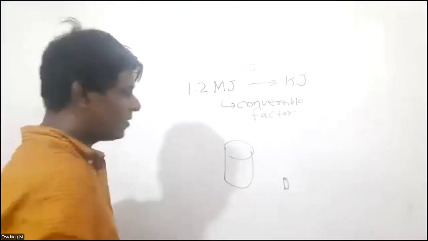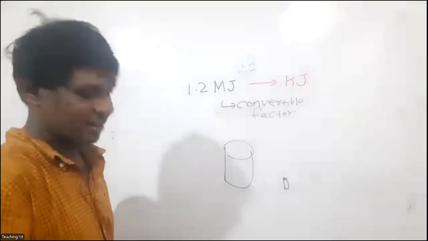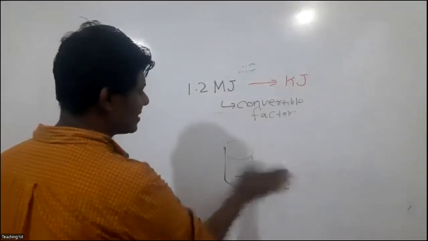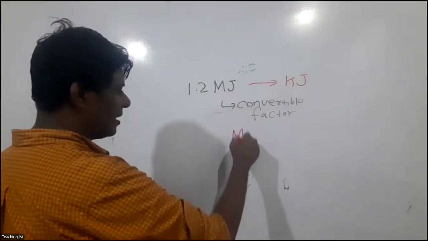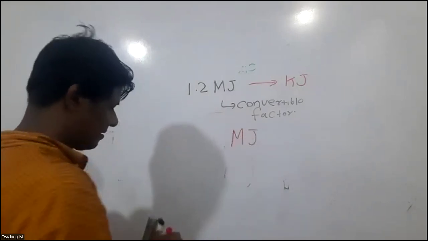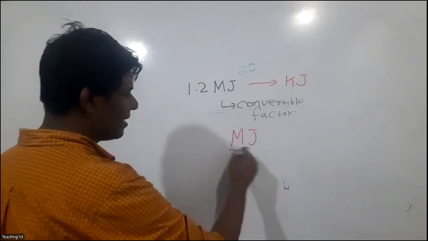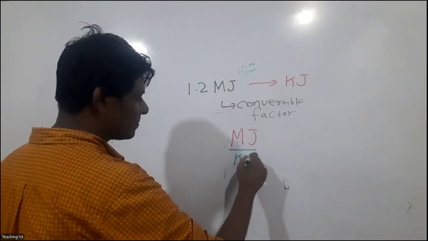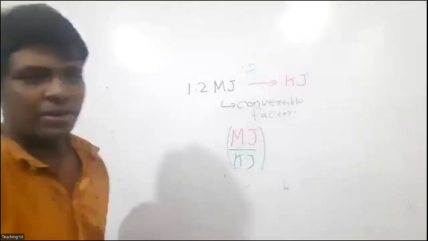You are going to find out how many of these small bottles are in this big can. Okay. That's it. Let's find megajoule. You are going to divide it by kilojoule. Now what is going to be?